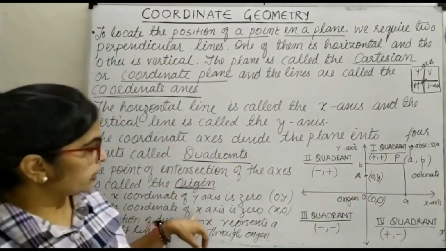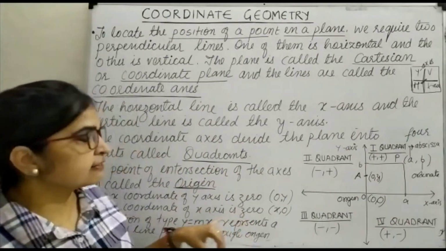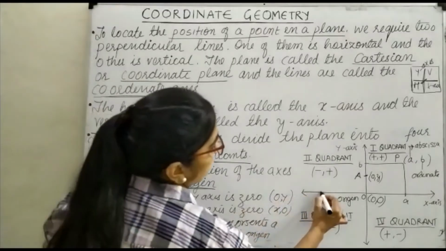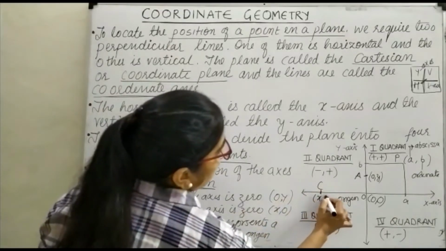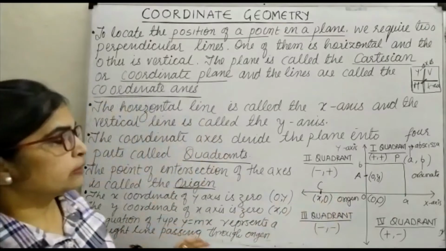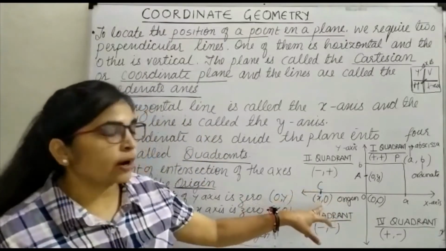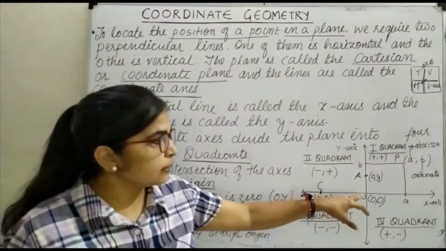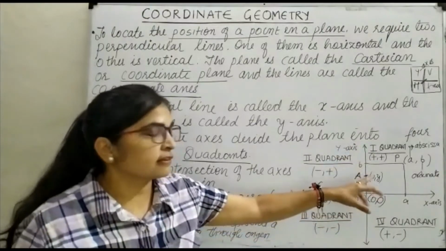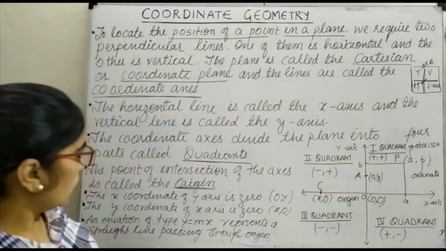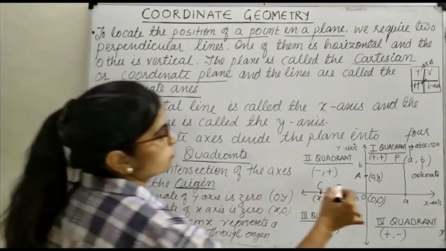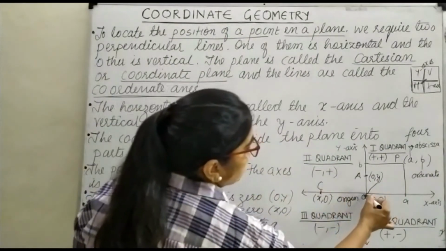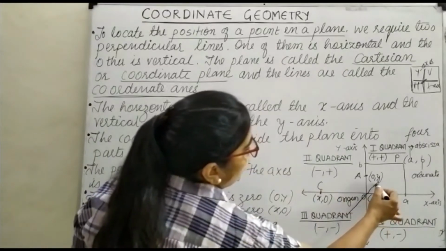Similarly, the y coordinate of any point on the x-axis is 0. Suppose a point is here, say C; its y will be 0. Another thing: an equation of the type y = mx is a line passing through the origin.